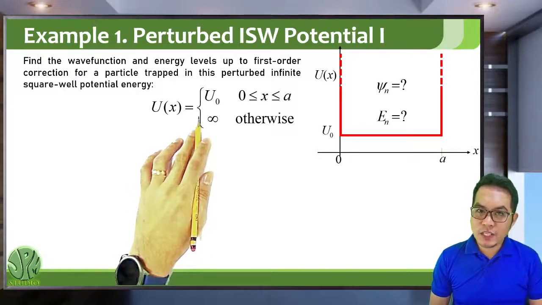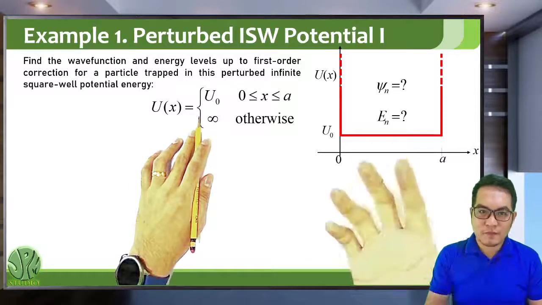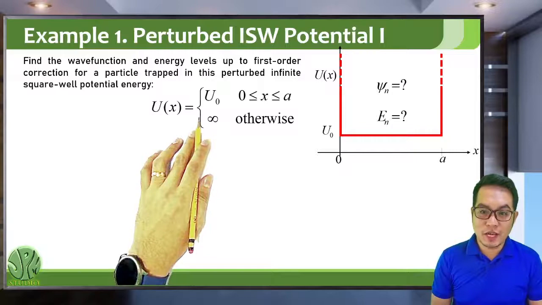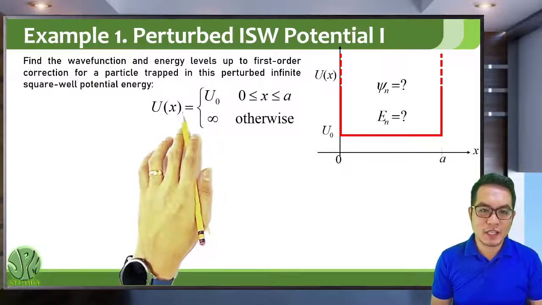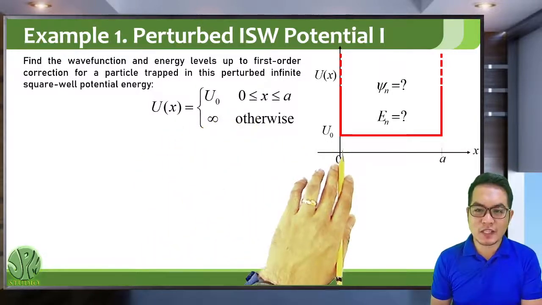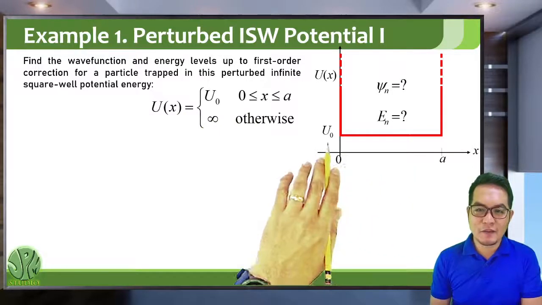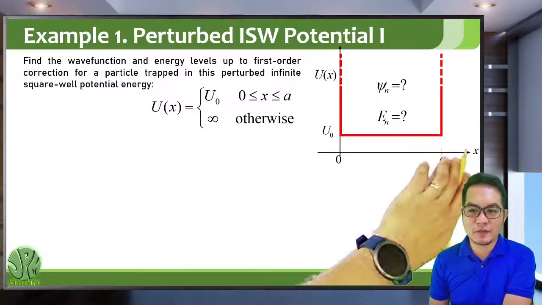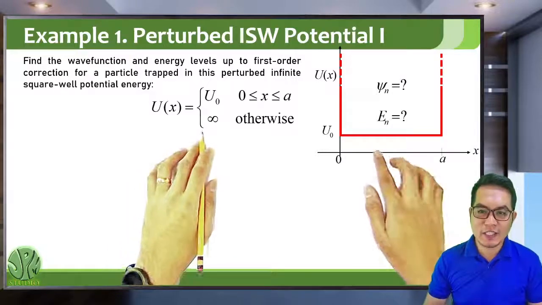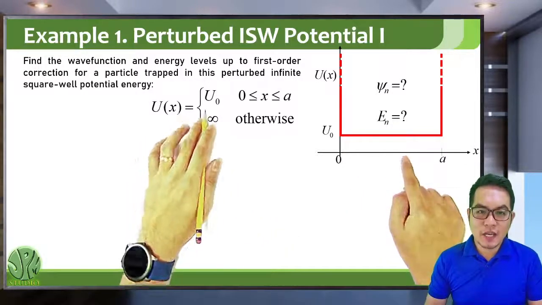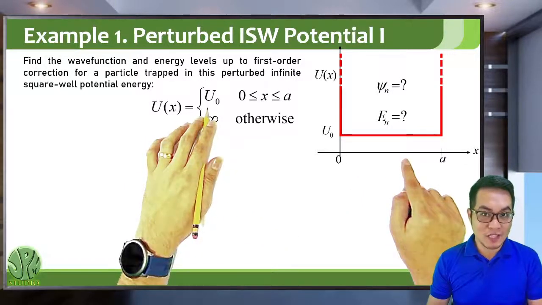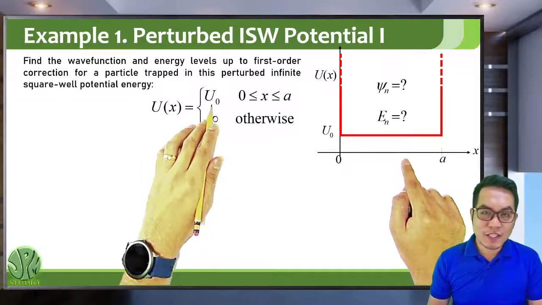So originally, in our unperturbed case, the potential is zero from 0 to A, and infinite beyond 0 and beyond A. But in this case, from 0 to A, there's now a potential. It's now U naught, instead of 0.